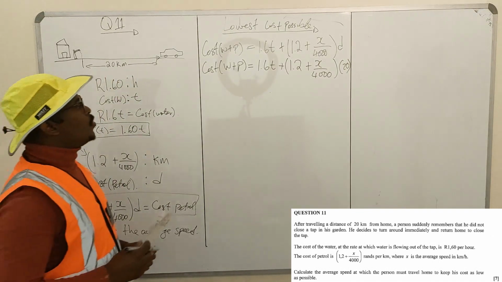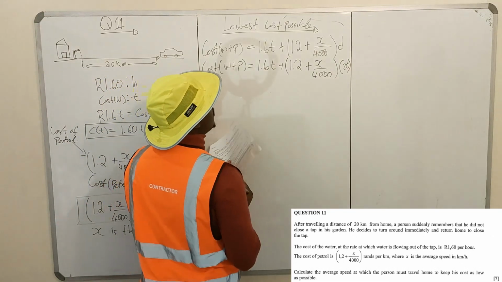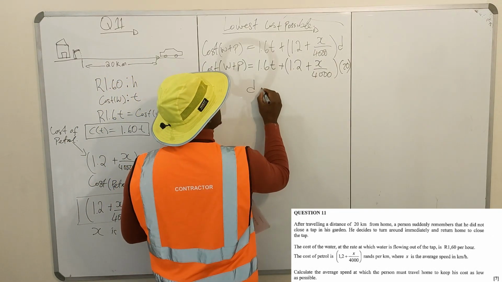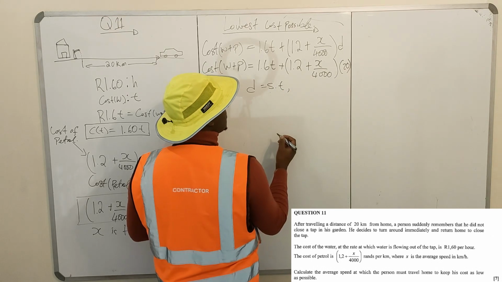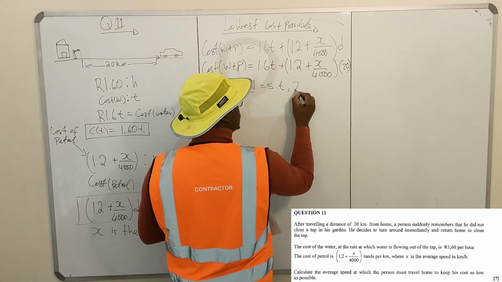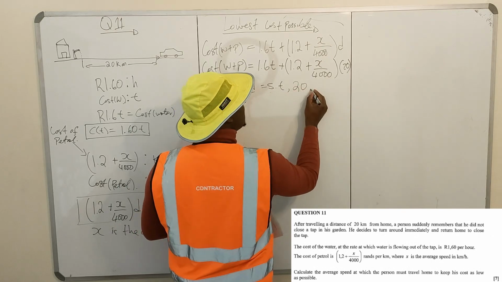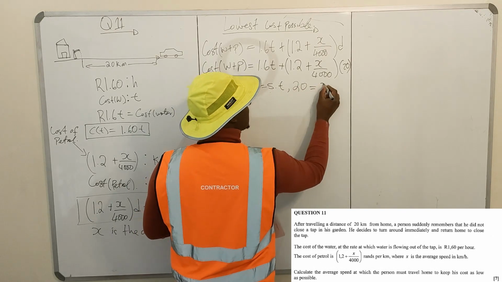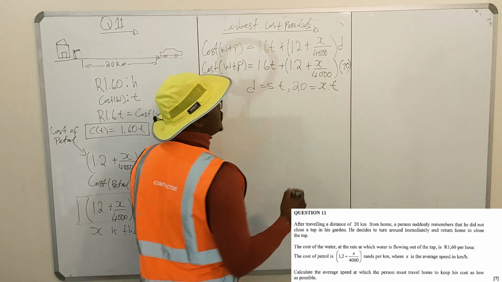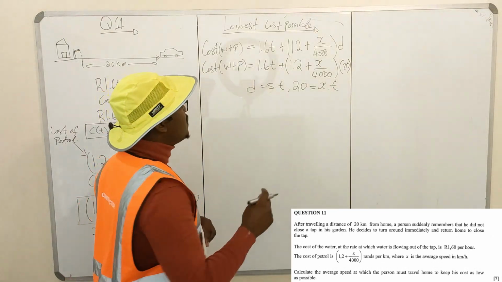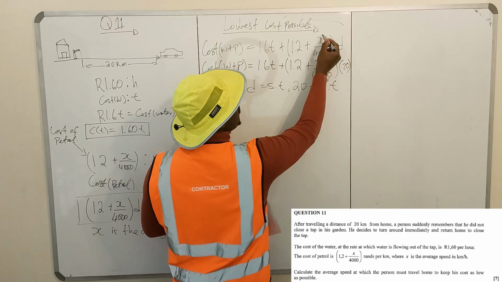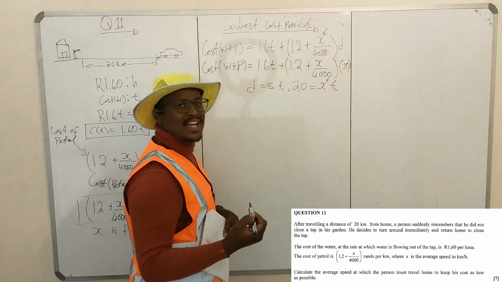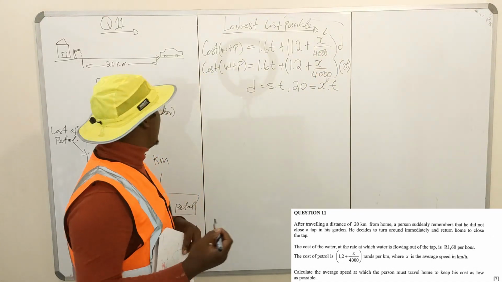Good. So, we know that distance is equal to speed times time. What is our distance? Our distance is 20. Our speed is x, times time, which means this represents our speed, because we are told that the average speed was x. x represents the average speed.